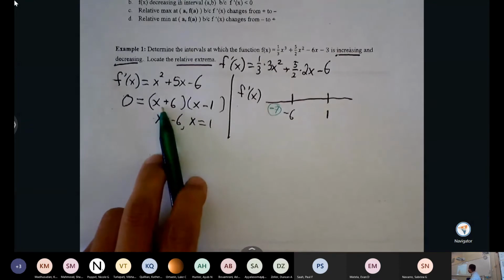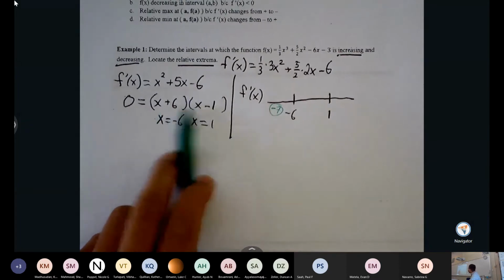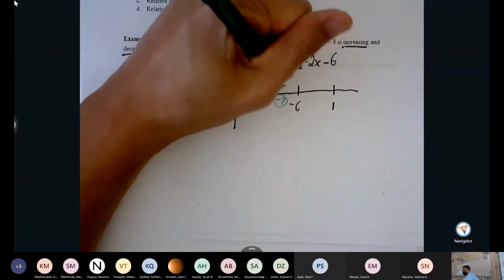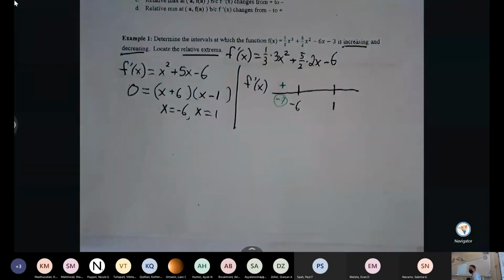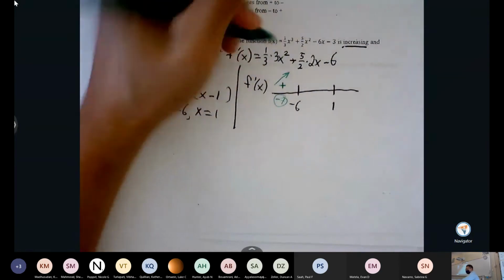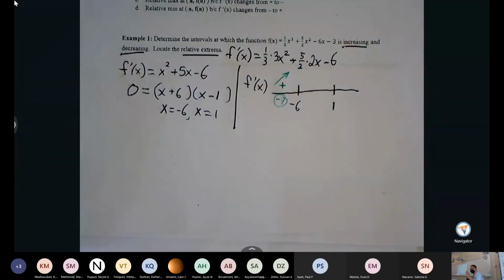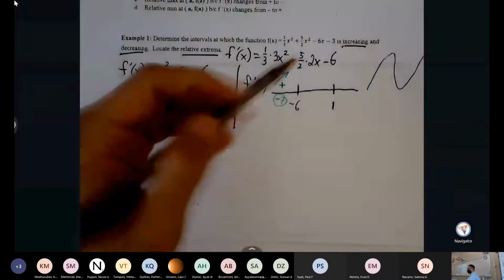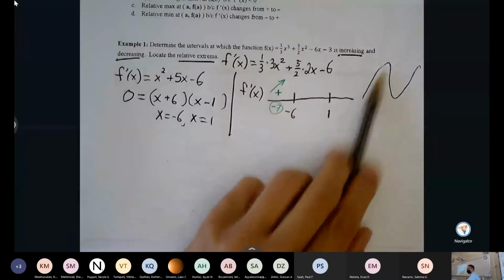Into the derivative, so -7 plus 6 is negative, negative times negative is positive. I know my graph is going to exhibit a positive slope. And then to help with the visual, if you can draw an arrow, it kind of helps us visualize our graph is going to be rising in that interval. All right, so if the graph looked like this, we know that it's going to be this part of the graph.